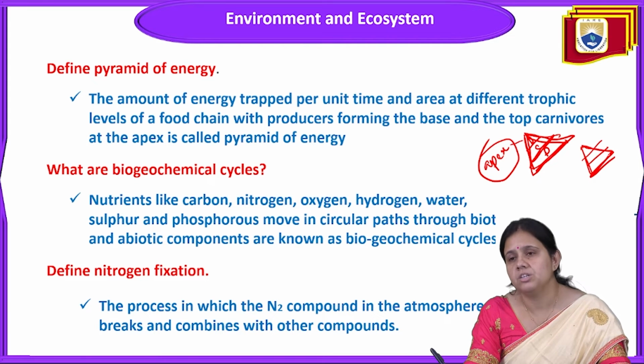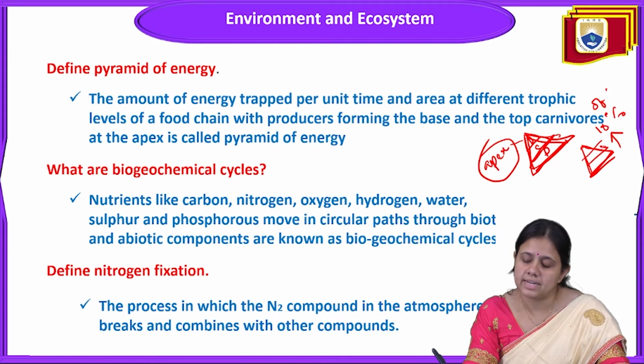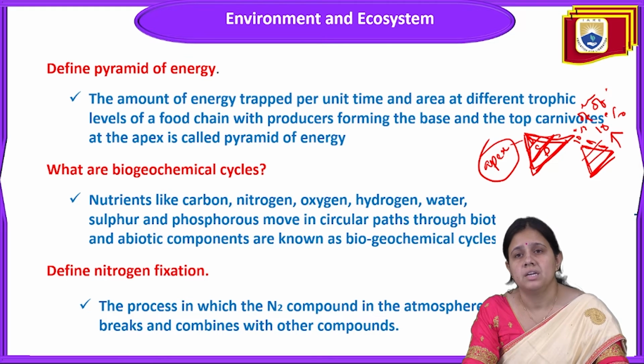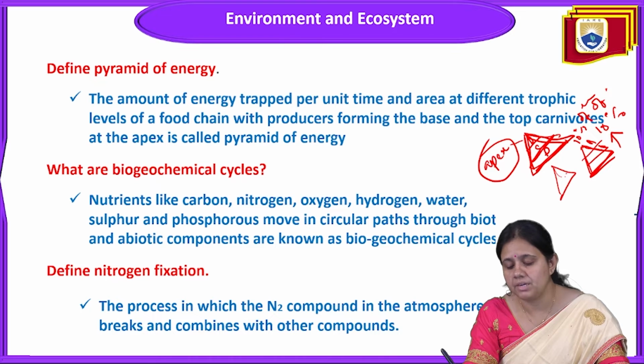From the second level to the third level, again 10% of energy will be lost. So that's why in any ecosystem, either pond ecosystem or forest ecosystem or desert ecosystem, anywhere, if we study the pyramid of energy, it will always be upright in nature, always a triangular pyramid kind of shape.